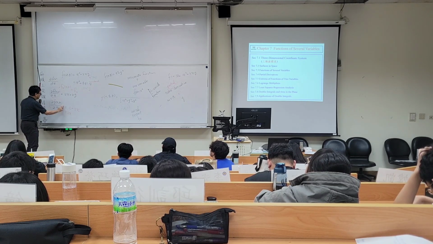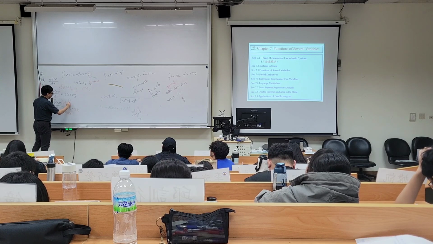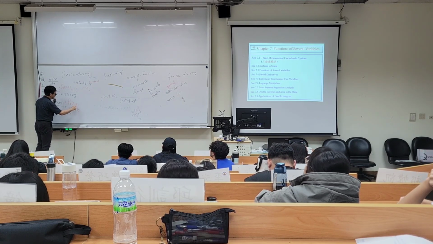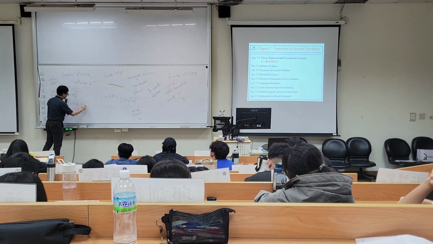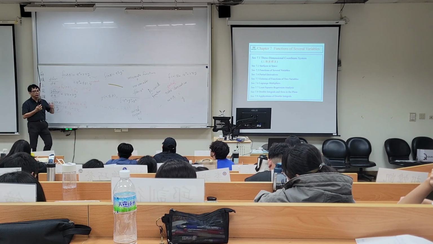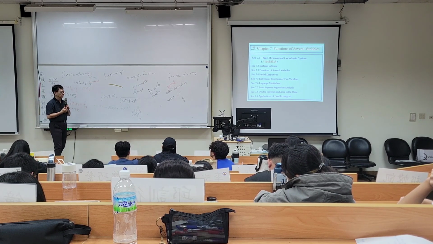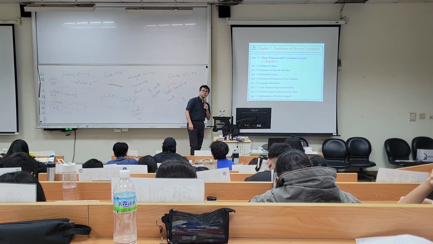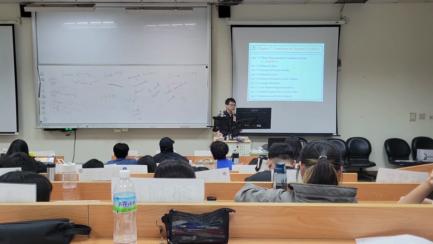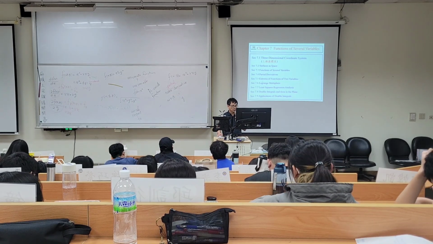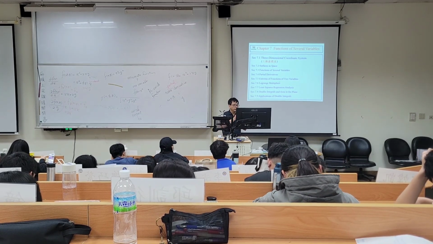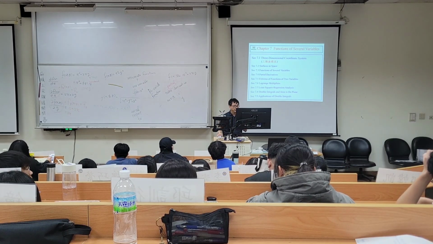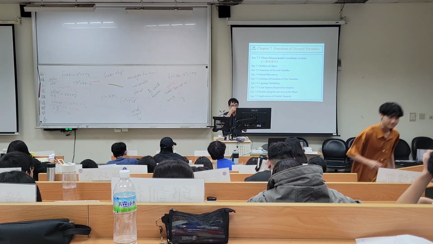And this one will be f sub y of x, y, or if you are sloppy, you can write it as f sub y, just notation-wise. And then we have the graphs of functions of two variables. We'll talk about it later.